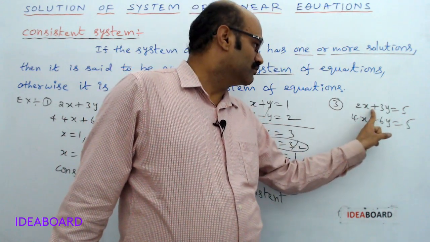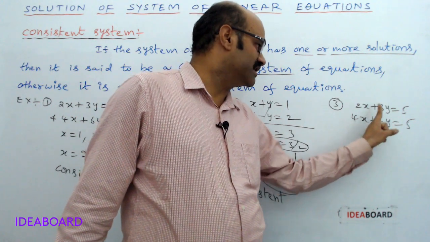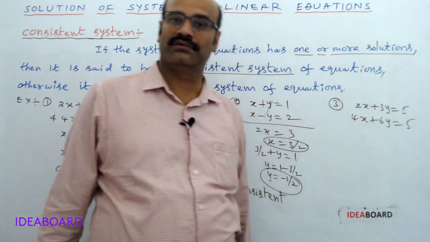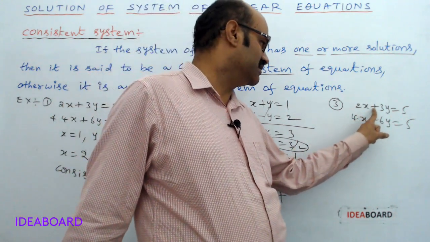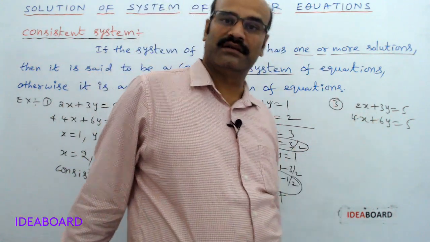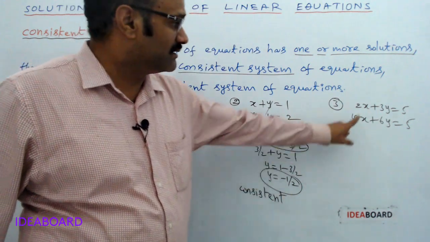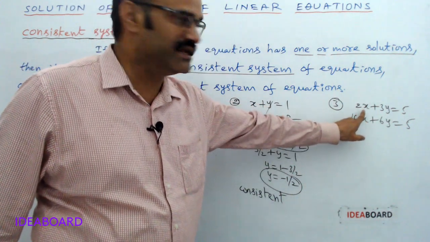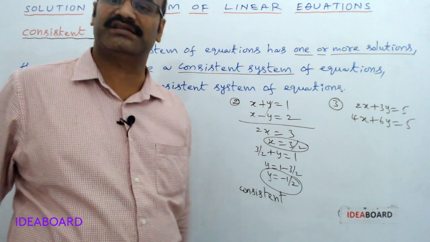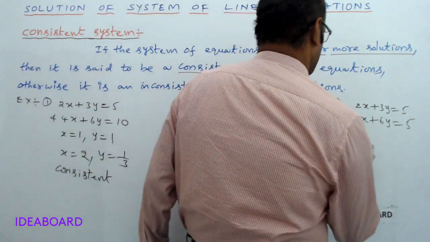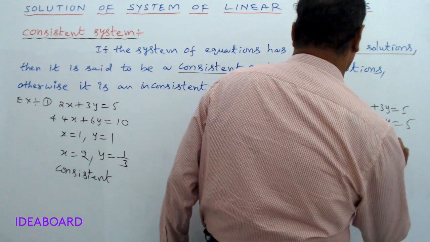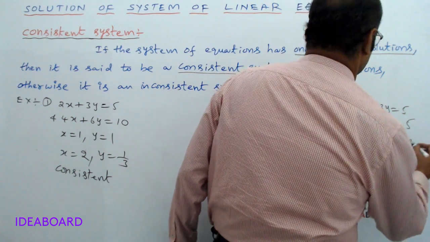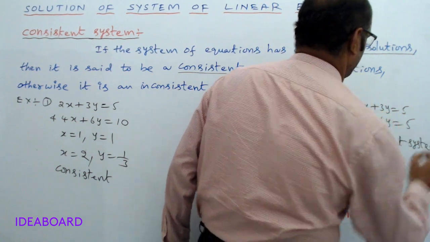So x equal to 1 and y equal to 1 is not satisfying these two equations. No values of x and y satisfy these two equations. So we say that this system is said to be an inconsistent system of equations.